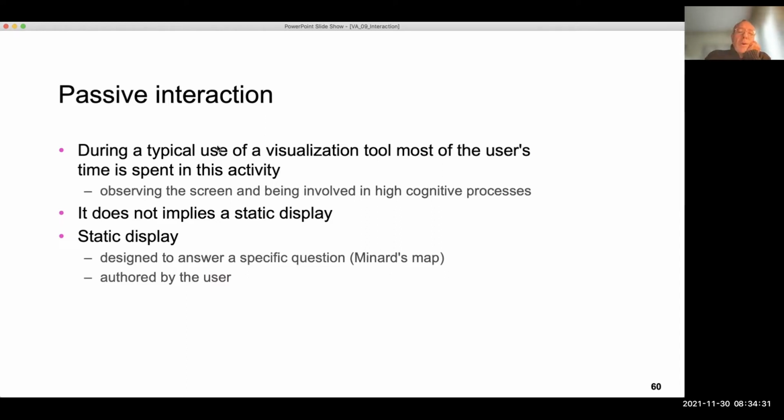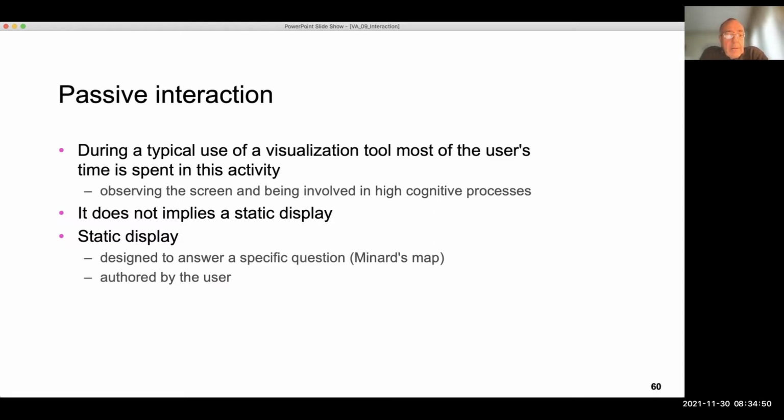And if you are using a complex system, you spend a lot of time not interacting with the system, but just looking at it, because you are observing the screen and you are involved in a high cognitive process.